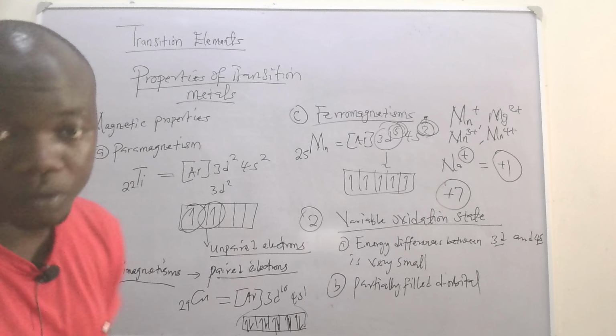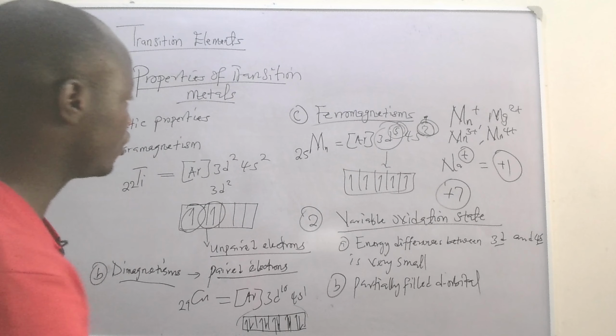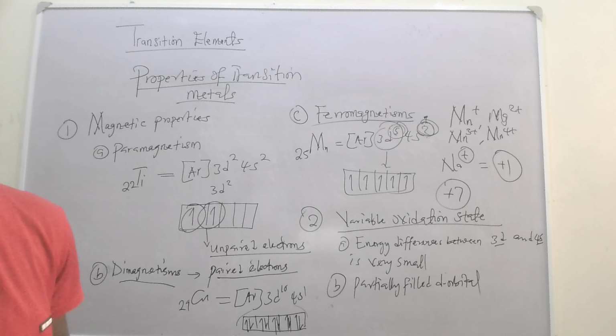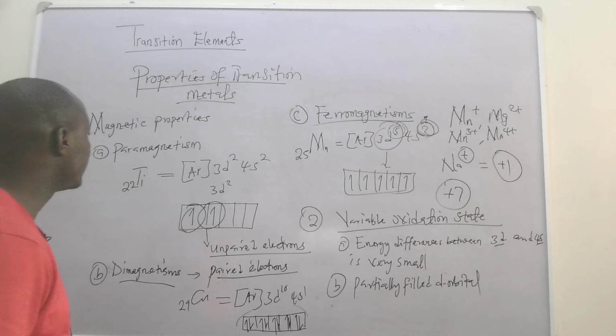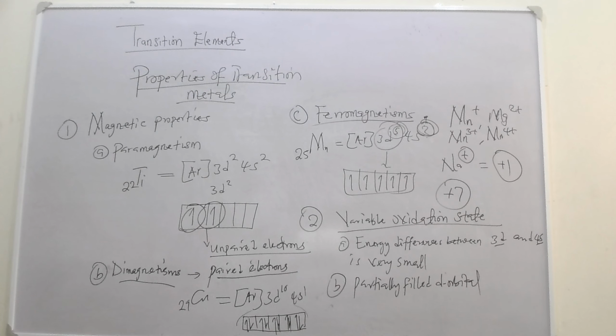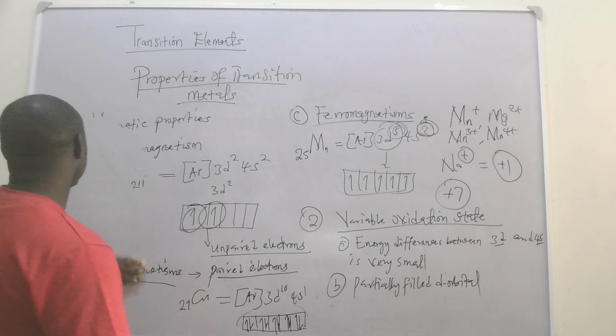Then the next property after variable oxidation states is the ability to form colored compounds. That is one of the other properties of transition elements.